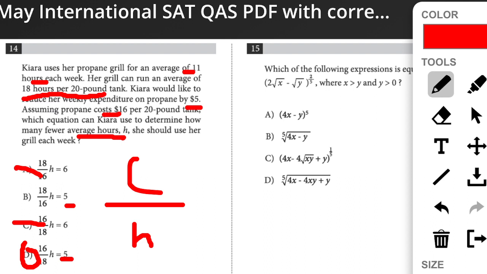And so it's going to be $16 per 20-pound tank. How many fewer average hours? Okay, so 16 is D. Not 16, 14 is D. Alright.